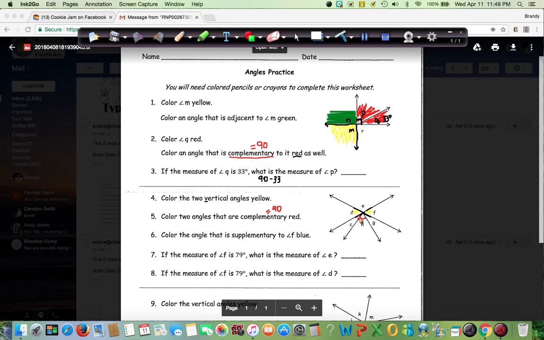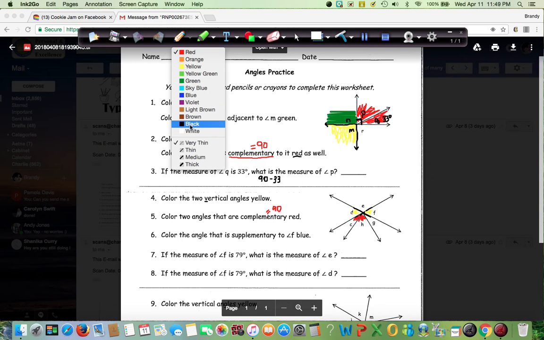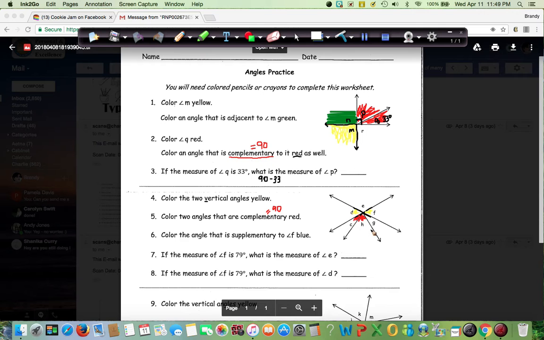So angle C right here and angle H, this guy right here, those are going to be complementary because they created, let me get my black marker here, they created the 90 degrees, this right here. Okay, so you can color both of these guys red. Now we have a different one. Look at number 6.